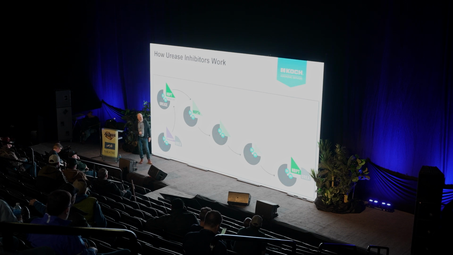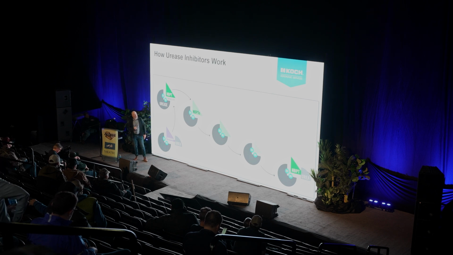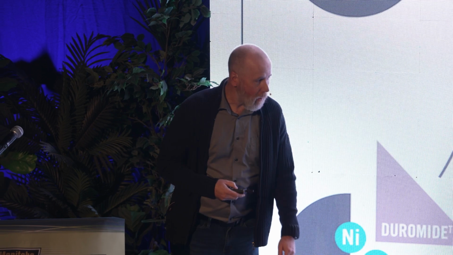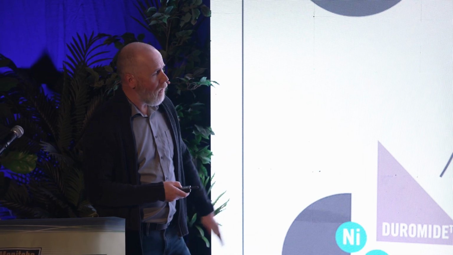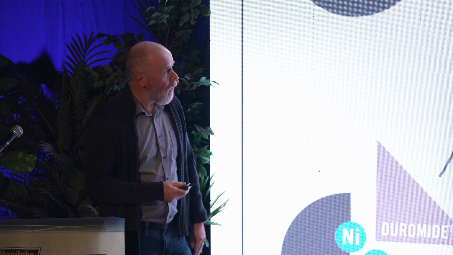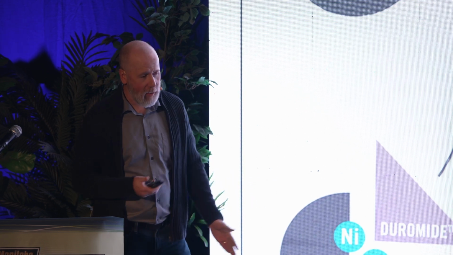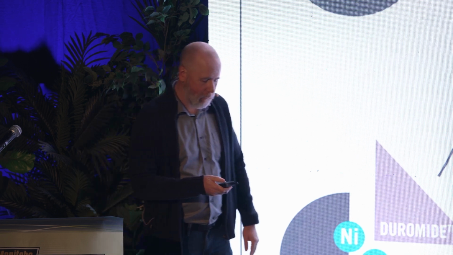What we want to make sure of is that we have enough NBPT in there to interfere with that, because once that inserts in here, it'll become NBPTO. That's going to bind in. Again, eventually it will get broken down, so that enzyme will become available again, and then it'll either move on to another NBPT or it'll find the urea, and it'll start the process of hydrolysis to make urea move all the way to ammonia and ammonium. So basically, what we're trying to do is block that by using something else that looks kind of like urea, that isn't urea, to block that enzyme.